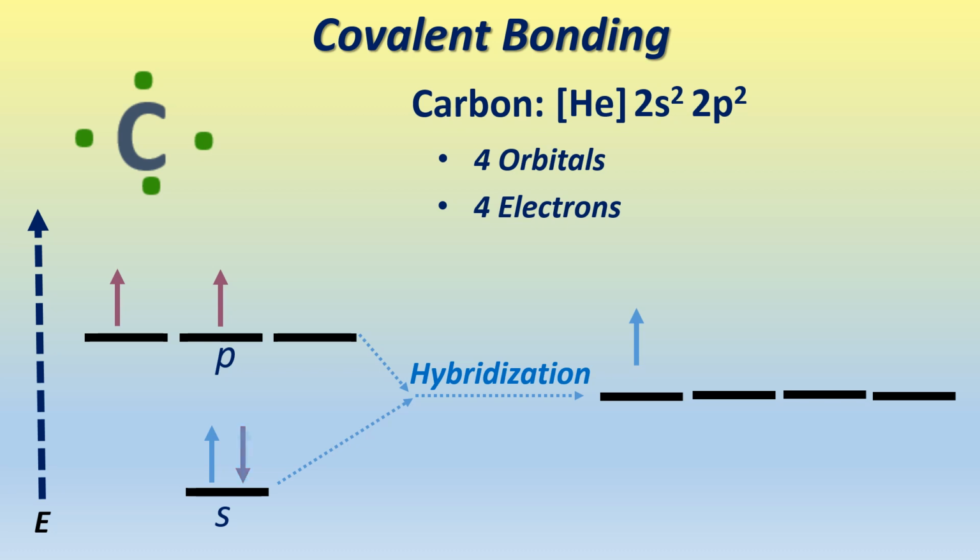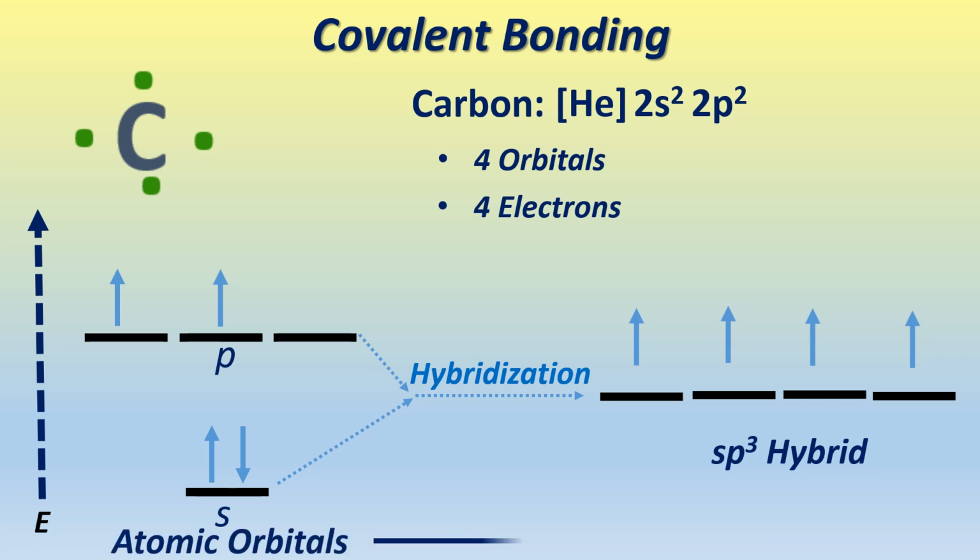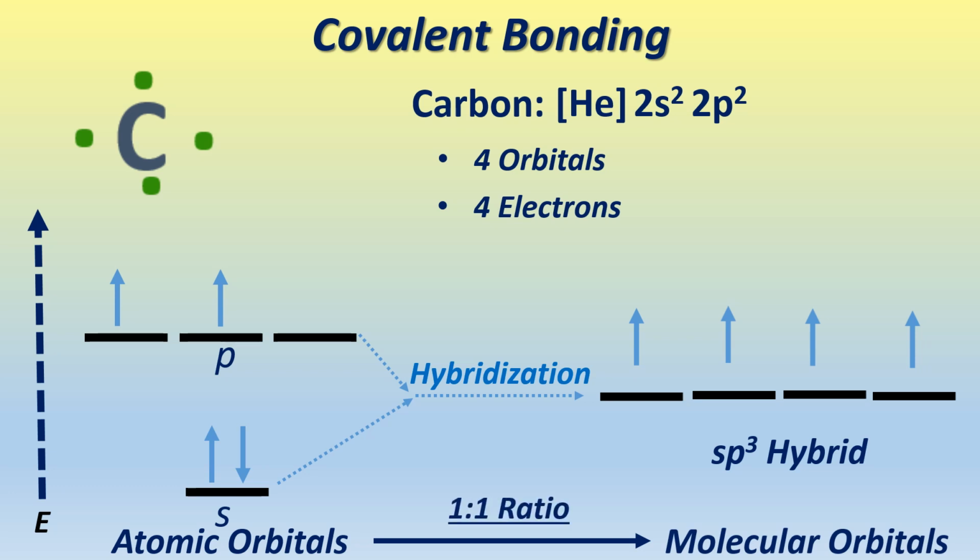So now, in this hybridized form, carbon has 4 unpaired electrons that it can share. This is called an sp3 hybrid because I took 1 s orbital and 3 p orbitals. In all cases, when making a bond, atomic orbitals combine to form molecular orbitals in a 1-to-1 ratio.